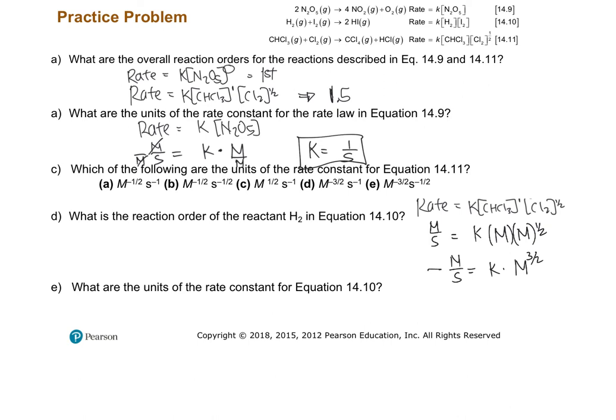So I'm going to divide by molar to the 3/2. So that's going to cancel out now. So what I have is molar to the 2/2 divided by molar to the 3/2. When I divide, I'm subtracting, so do minus 3/2. So I end up getting molar to the -1/2.